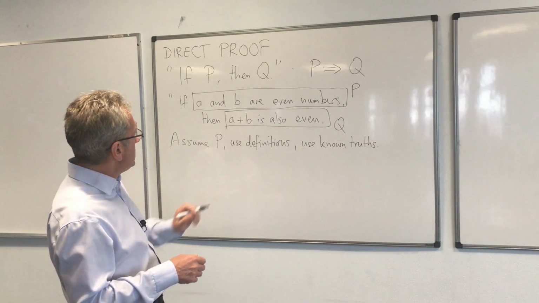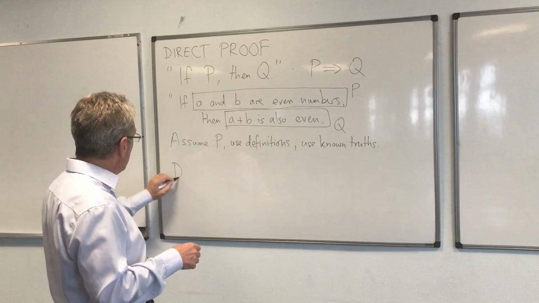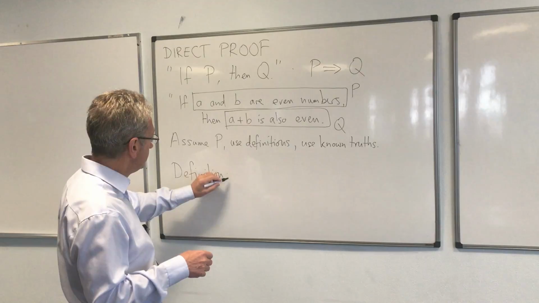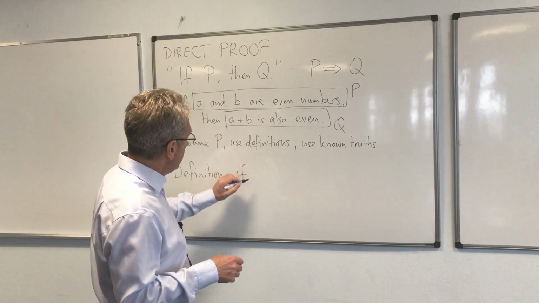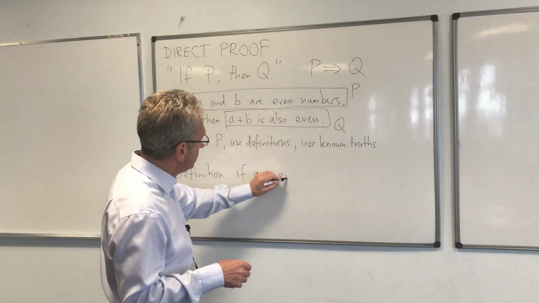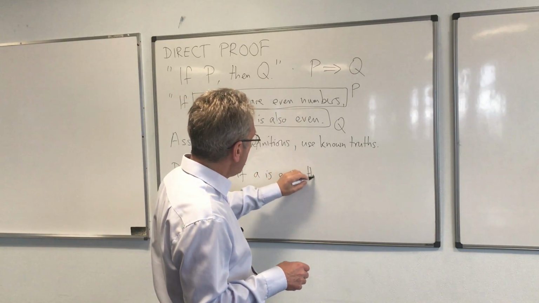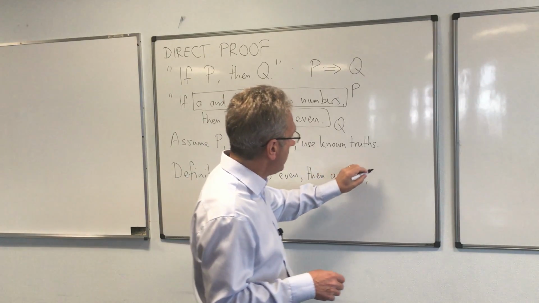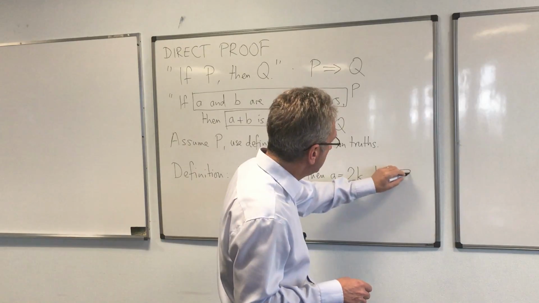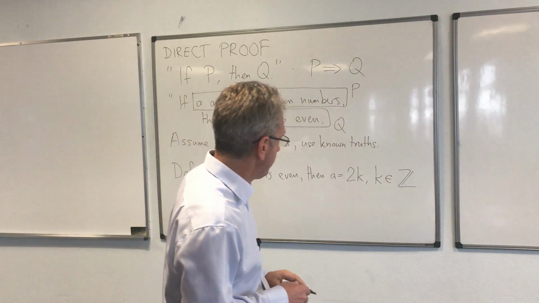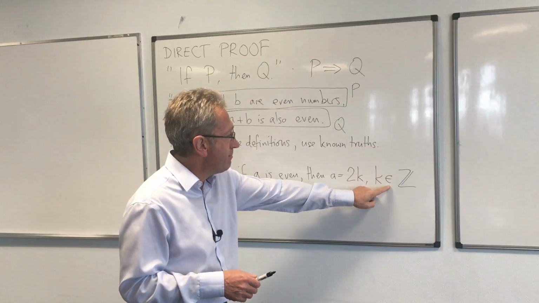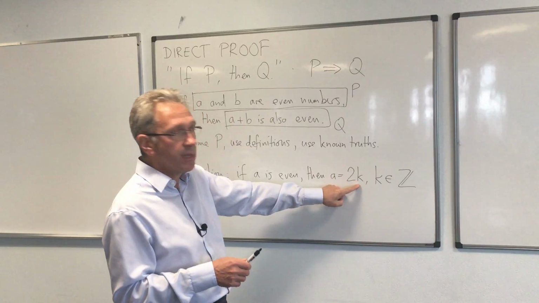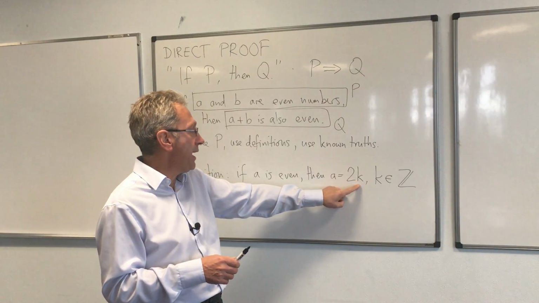So let's see if we can actually do this proof. First of all, we're going to use the definition of what an even number is. If A is even, then A can be written in the form 2 times K, where K is a member of the integer set, Z. So if K is a member of the set of the integers, that means that 2 times K is guaranteed to be an even number.